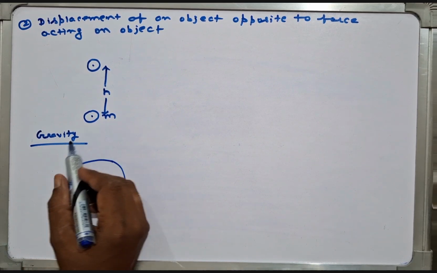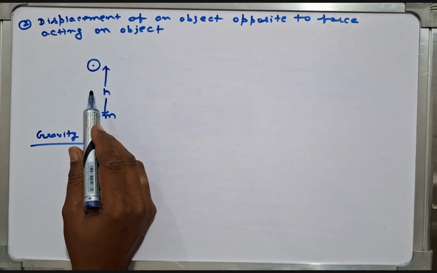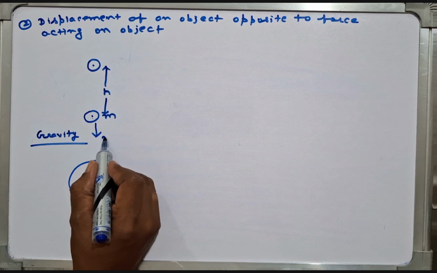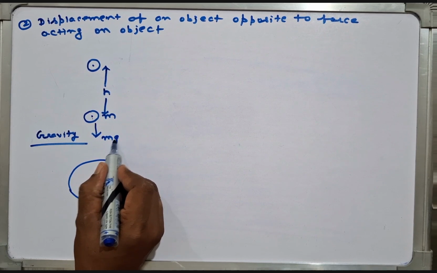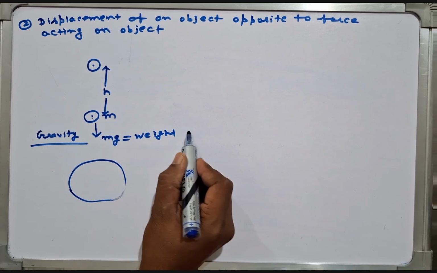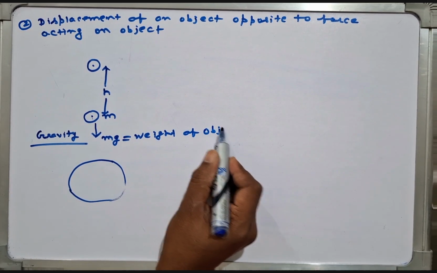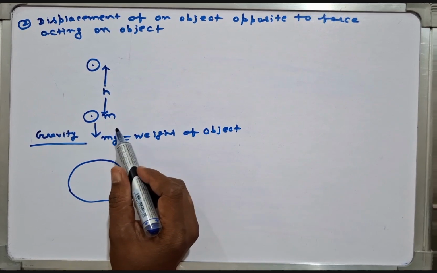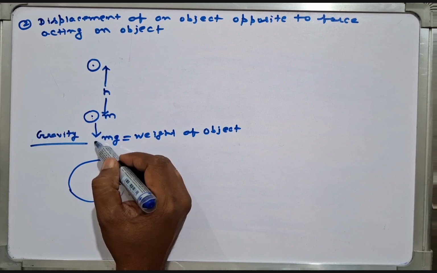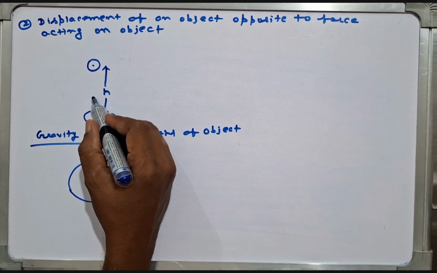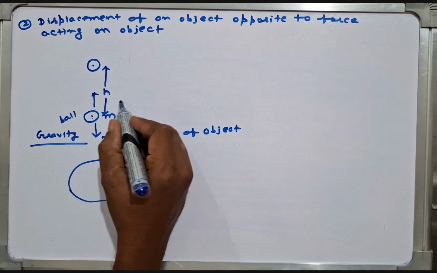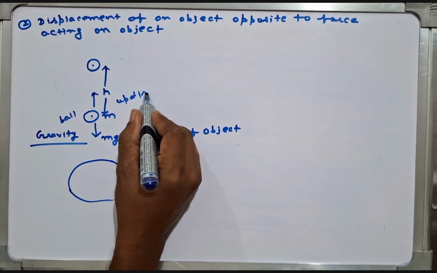You are throwing the ball from here to here, so one force due to gravity is acting, which we know is the weight of the object. So see guys, what happened here: the force is acting in the down direction and the movement of the ball is in the up direction.